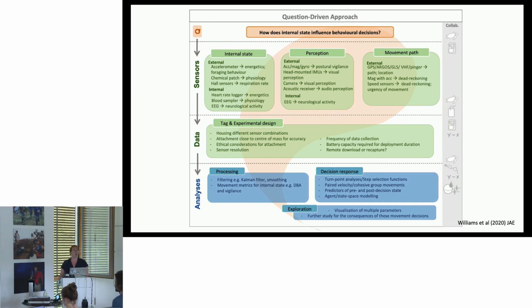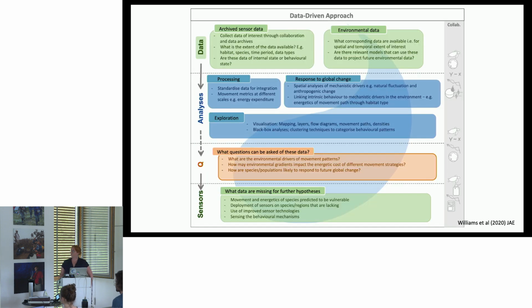you become quite lost as to what is affecting what, the cause and consequence of your behavior. And you need to be a lot more specific with your question and hypotheses. There's different ways in which we might attempt that, bringing together different expertise along the way. It's just a bit of a word of warning for understanding the biological relevance of these sensor outputs and how you address a question.